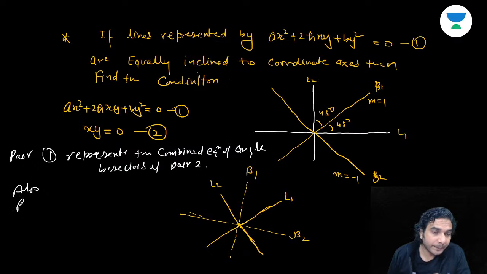Also, pair 2 represents the combined equation of angle bisectors of pair 1.